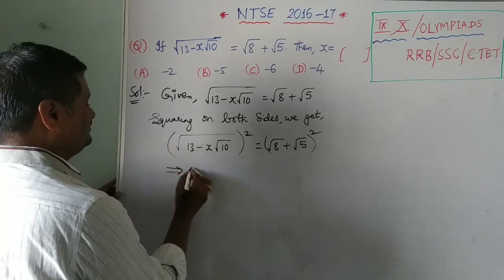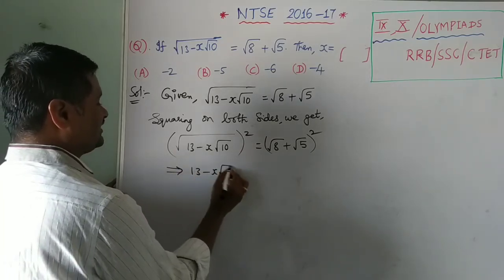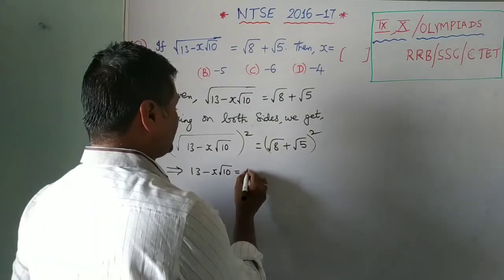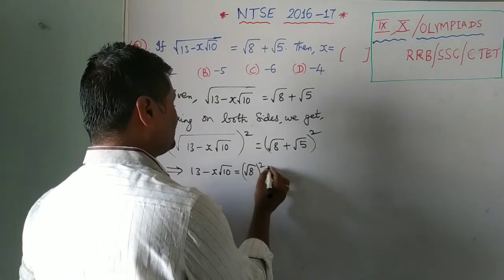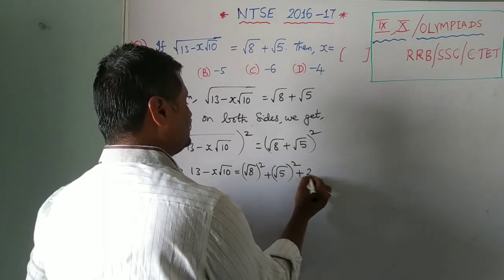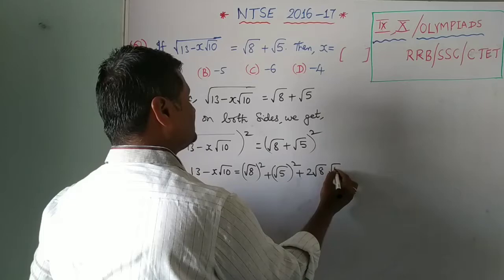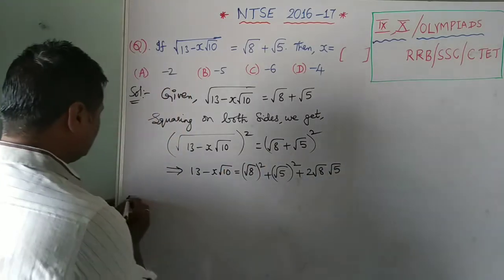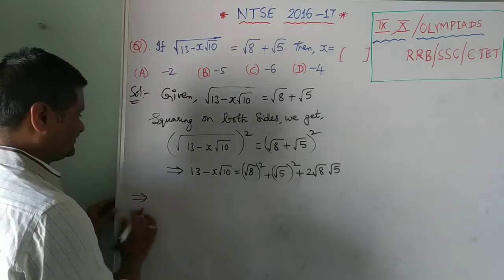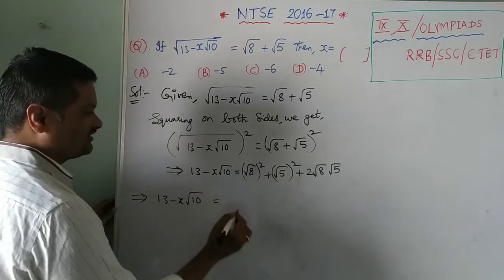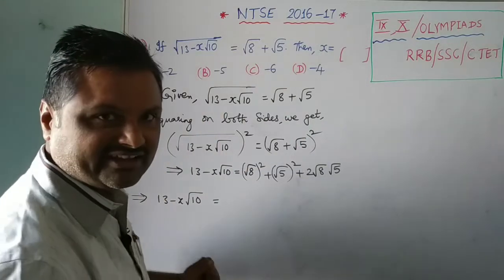I can write now 13 minus x root 10 is equal to, this takes the form of a plus b whole square. So a square, root 8 whole square, plus root 5 the whole square, plus 2 into root 8 into root 5. Now 13 minus x root 10, LHS is no change, only RHS we have to simplify here.